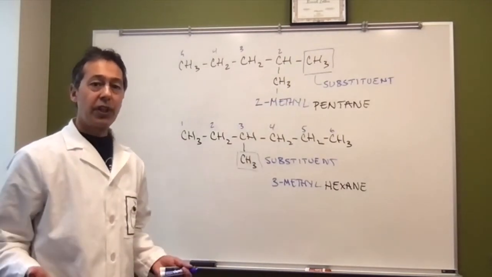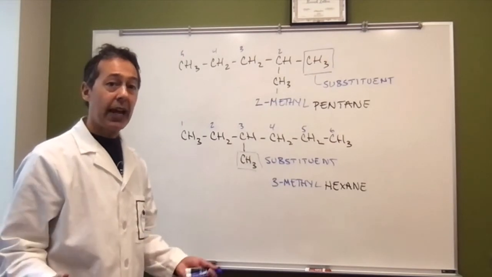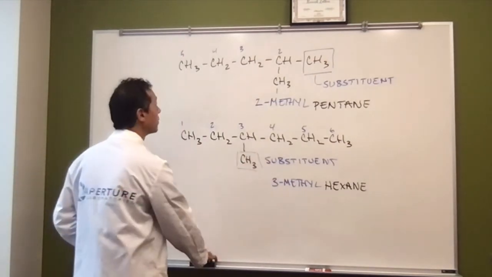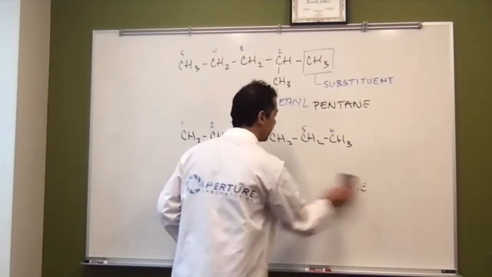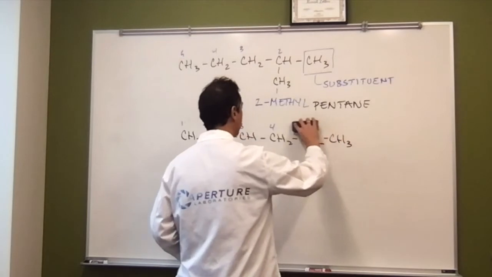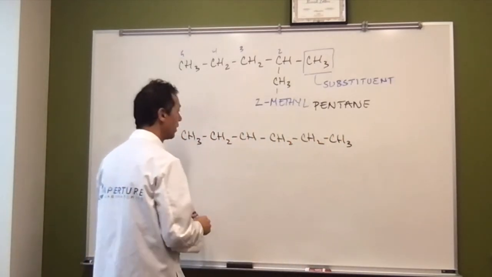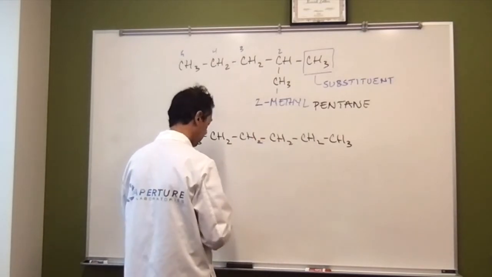Well, then the question is, what happens if you have more than one thing attached to your carbon chain? All right, so let's take a look at that. I'm going to erase this here. Let's go to CH2 here, CH2.